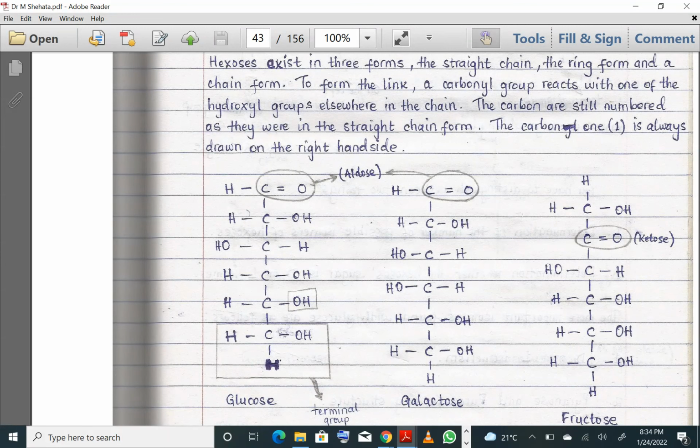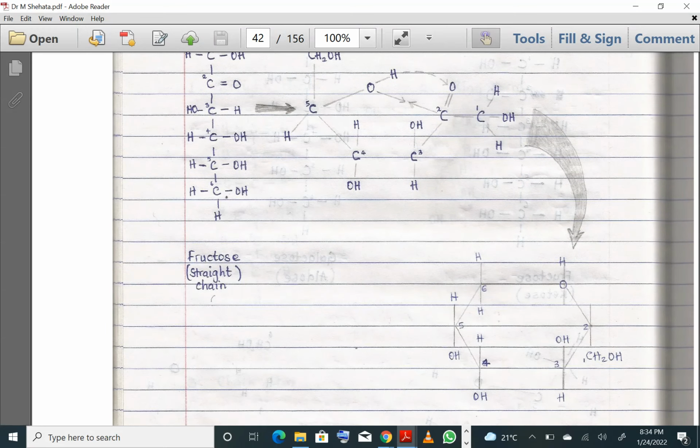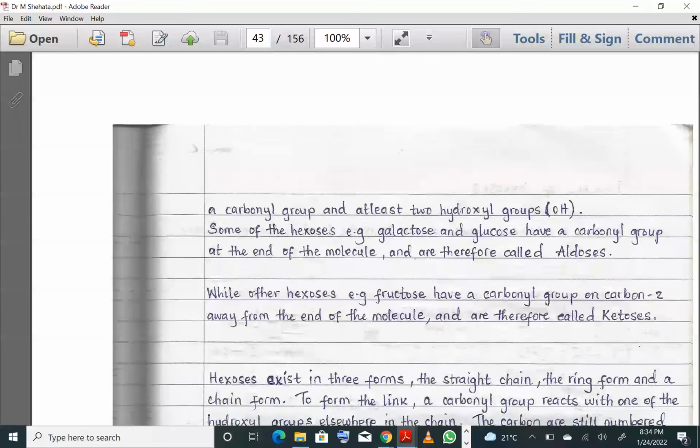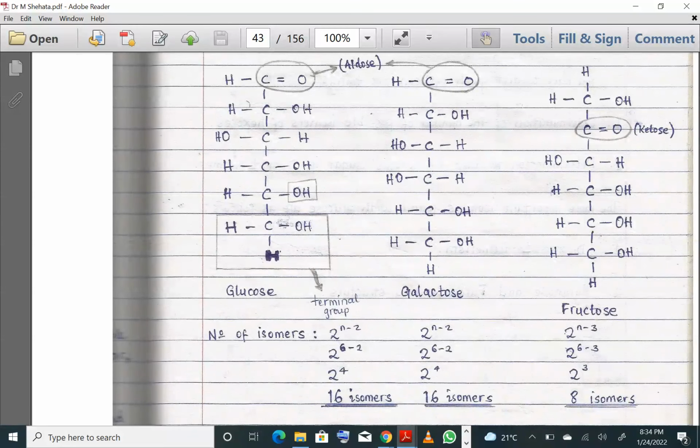The carbonyl one is always drawn on the right hand side. I'm sure you have seen from those structures that we are looking at, you can see it always on the right hand side there. So glucose is there, galactose is there.